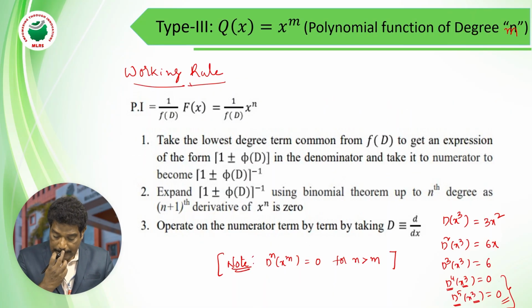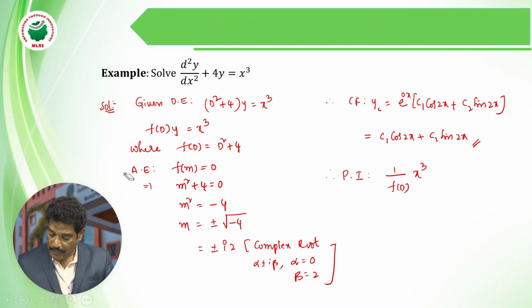So the first step, take the lowest degree term common from f of D to get an expression of the form 1 plus or minus something. So here also we need to take the common. This is equal to 1 by f of D, f of D means D square plus 4, into x cube.